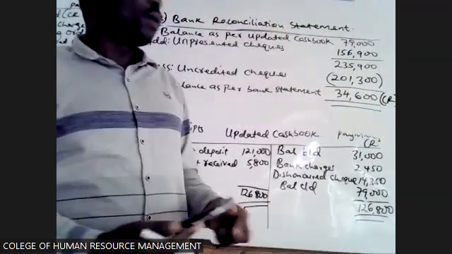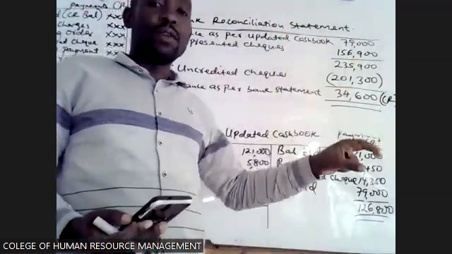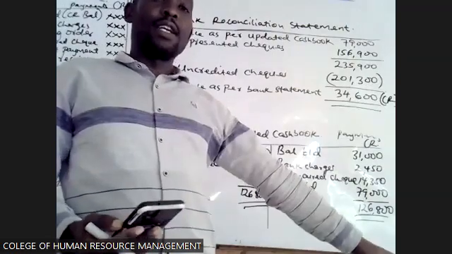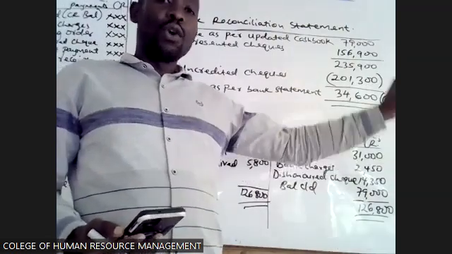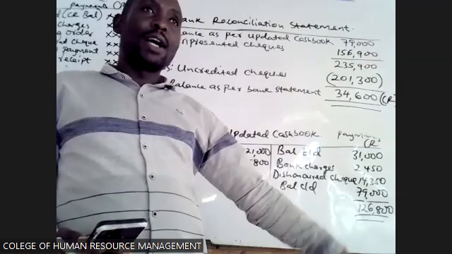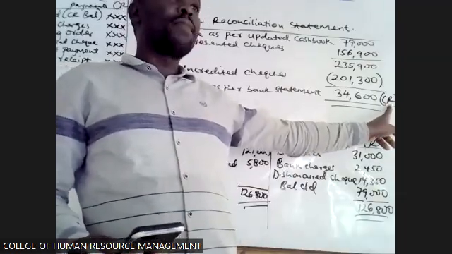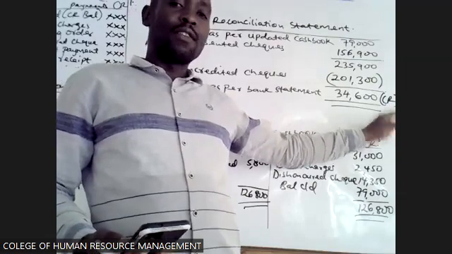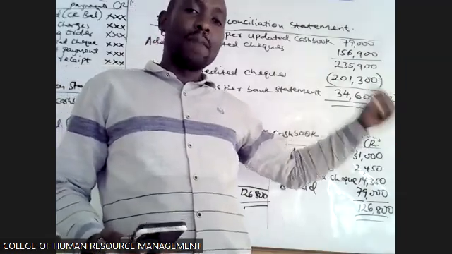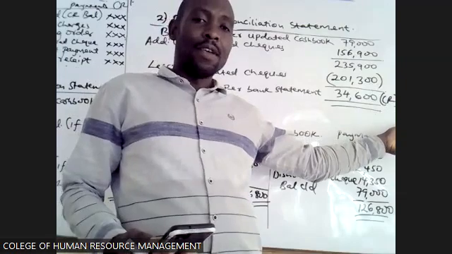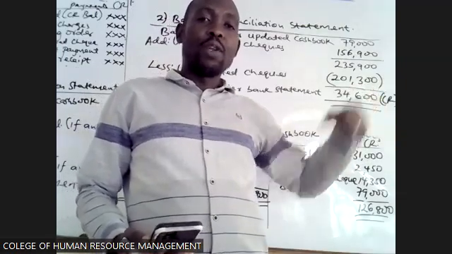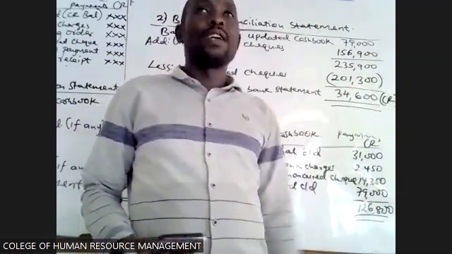Remember, any money that we receive is normally credited in the bank statement. So when the credit column of the bank is more than the debit, that figure is going to be a credit balance or a positive balance.